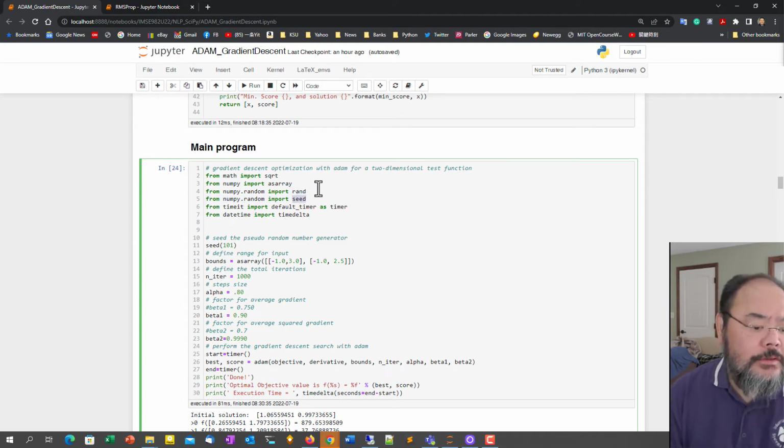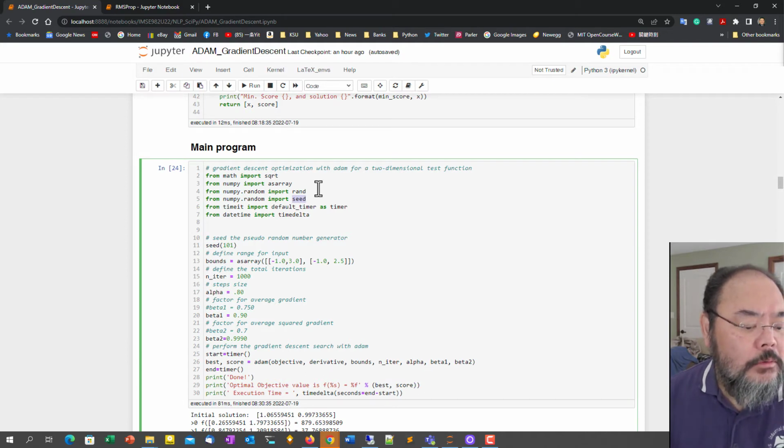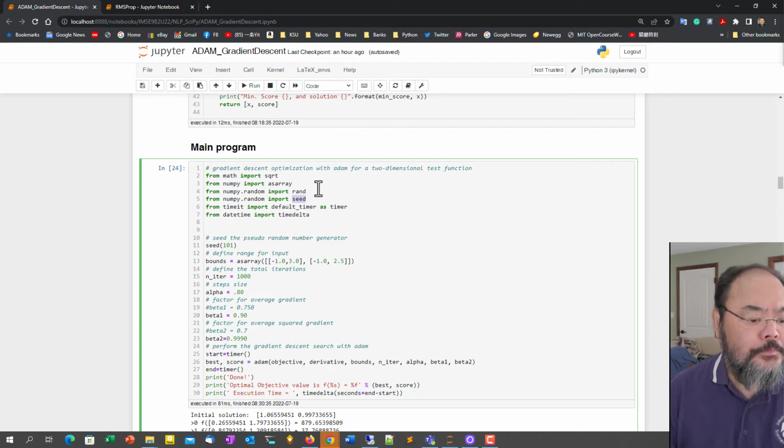I want to use the seed function so I can try my program using different parameters and make sure every time I start with the same set of random numbers. I'm also importing the timeit library to calculate the time elapsed. Well, actually, it's not execution time, it's the wall clock time for running this algorithm.